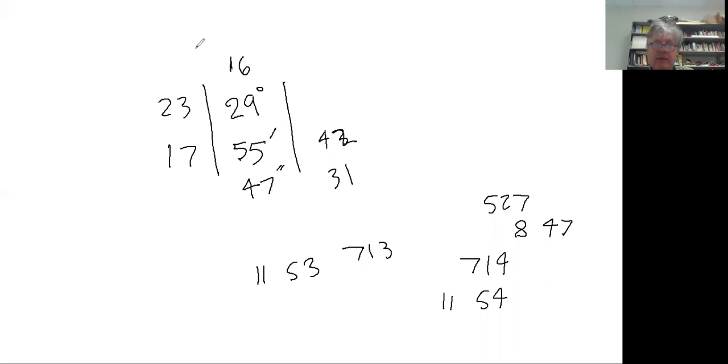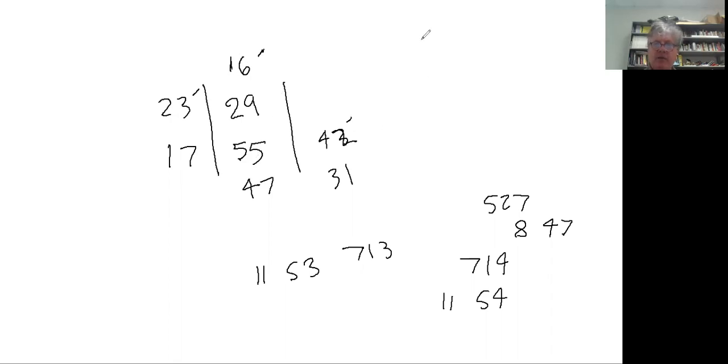But if it's 23 minutes, 17 seconds times 42 minutes, 31 seconds, minutes times minutes is seconds. So the 29 would be a second. And so the 16 would be a minute. So this was a minute, and these were minutes, and this would be the minute up here.